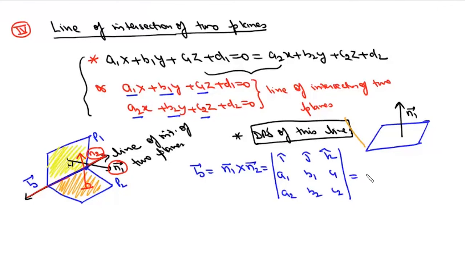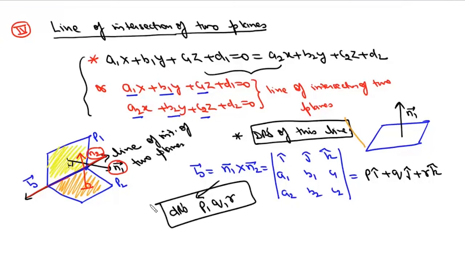Now we'll solve this cross product. We'll get direction ratios as Pi plus Qj plus Rk. So from this we can write direction ratios of this line as P, Q and R. Now we have direction ratios of this line.